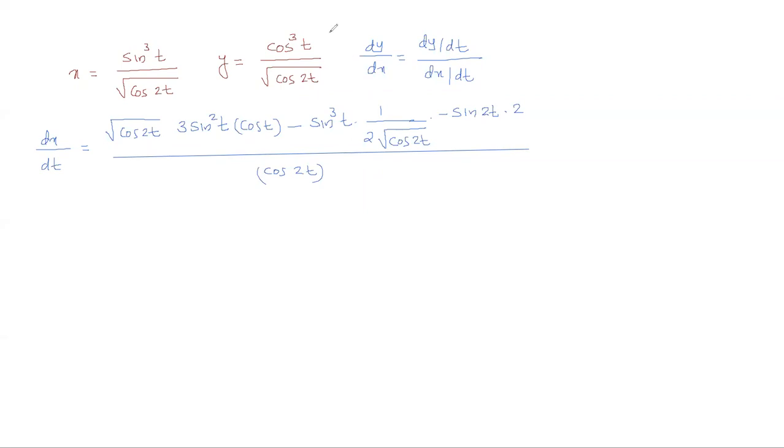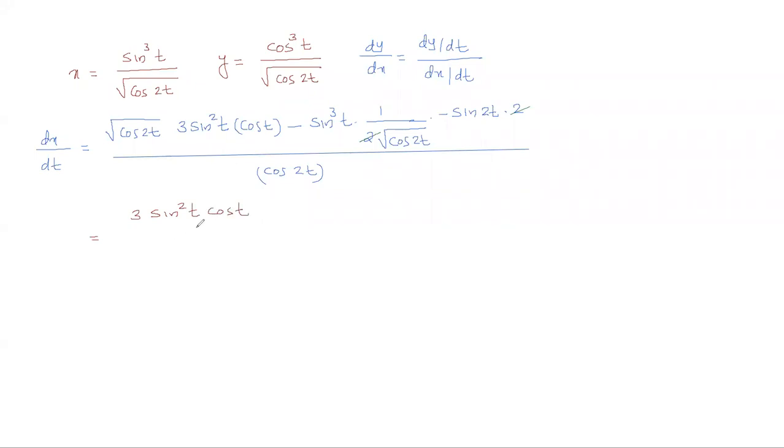So here this 2 and this 2 will cancel. In the numerator, you can multiply with under root cos 2t on both sides. So it will become 3 sine square t cos t, which is already there.